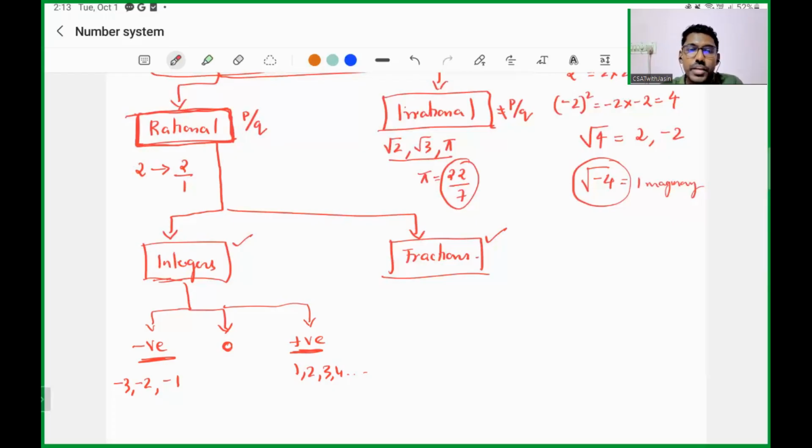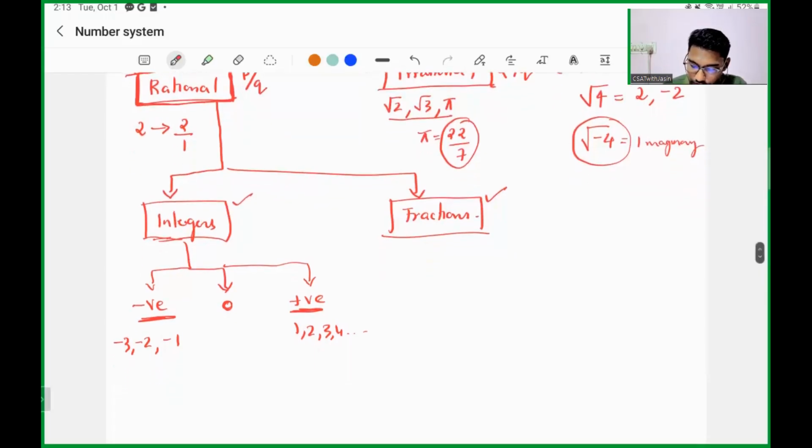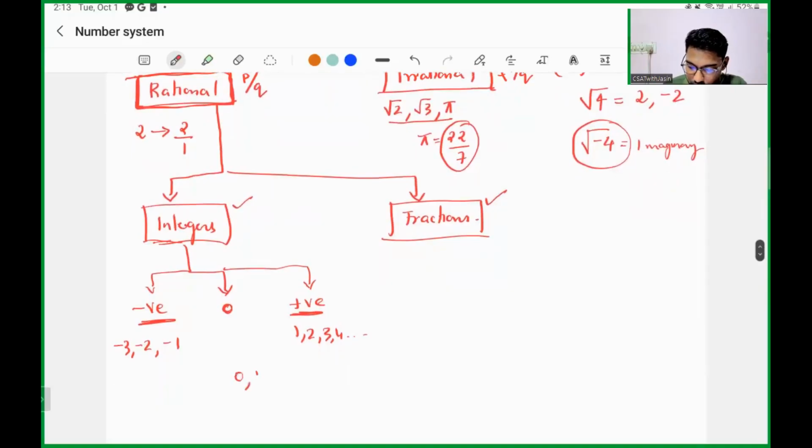Yes, 0 you need to take as an even number. 0 is an even number, but 0 is not a positive number or a negative number. Just remember that.